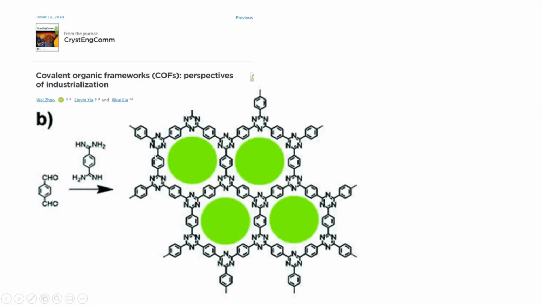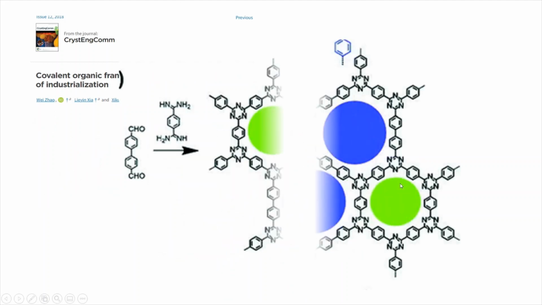So there is another paper, Covalent Organic Frameworks: Perspectives of Industrialization by Wei Zhao. They also try to make this kind of compound from NH2 and aldehyde. If you want, you can read that paper too.